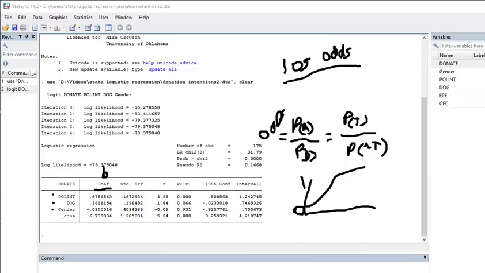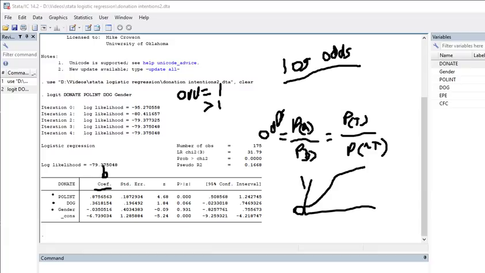I do want to note too that when we look at odds, if the probability of the target event is equal to the probability of the non-target event, then we would expect the odds to equal 1. If the probability of the target event is greater than the probability of the non-target event, then we would be looking at odds greater than 1.